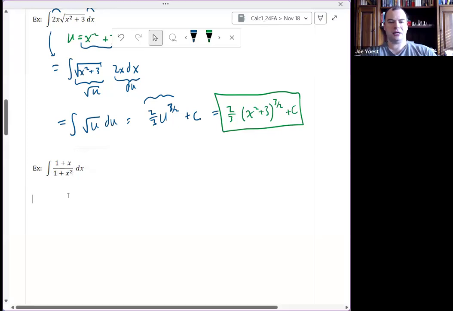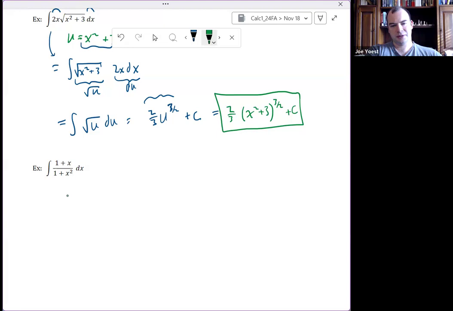What if I pick, say, u equals 1 plus x squared? Well, then du is going to be 2x dx. Du basically looks like x dx, and we know the constant factors we can often fix pretty easily.